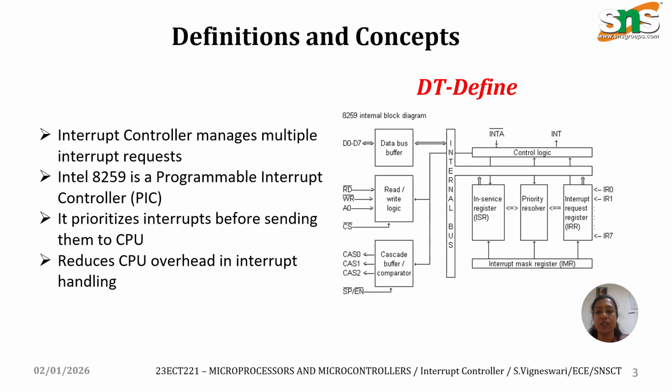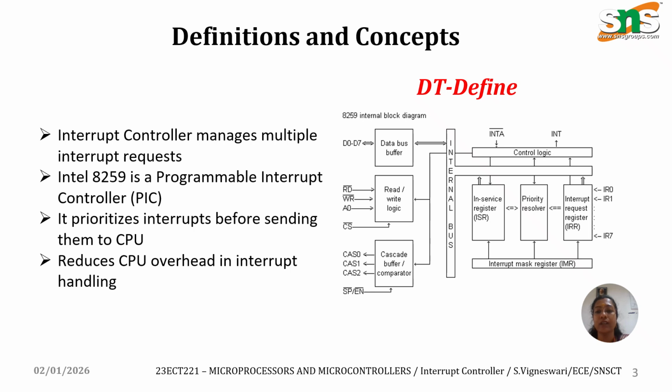An interrupt controller is a hardware device that manages multiple interrupt requests and sends the signal to the CPU in an organized manner. So one such commonly used programmable interrupt controller is Intel 8259.